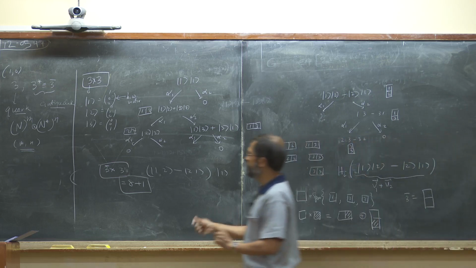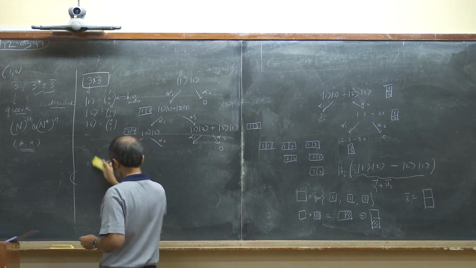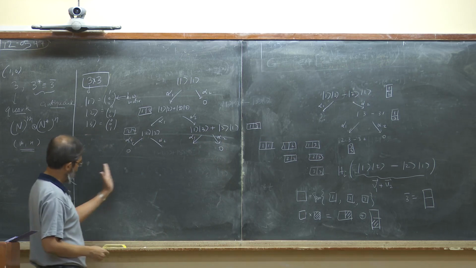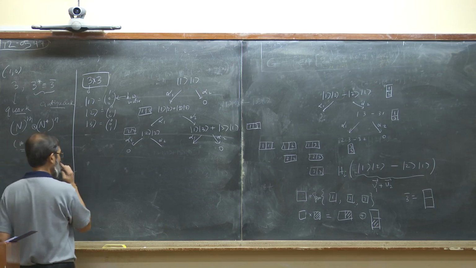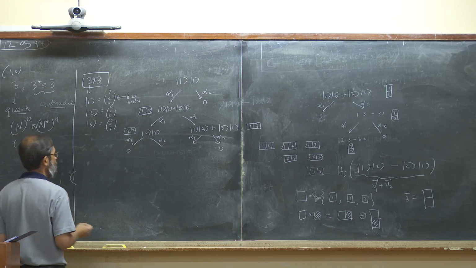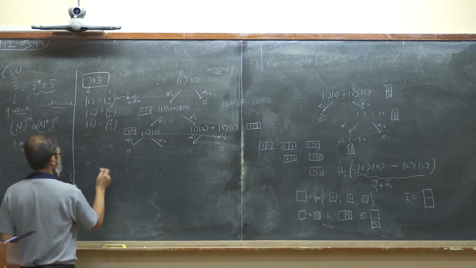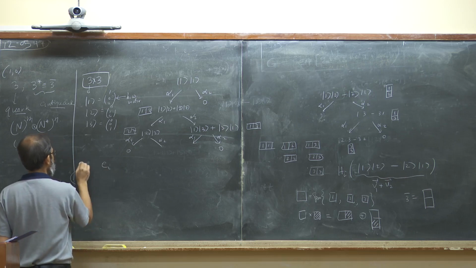Now let me go back to these tensor objects and try to understand this 3 cross 3 bar equal to 8 plus 1 kind of result in terms of more general situations.